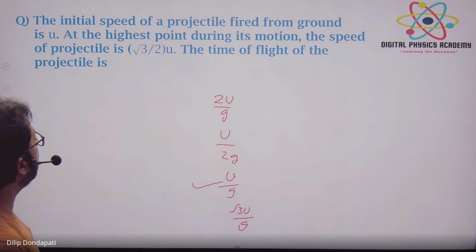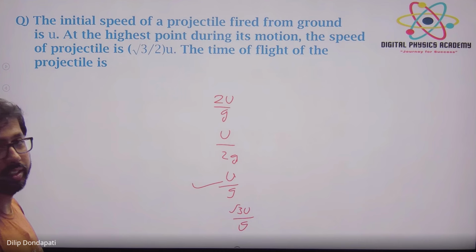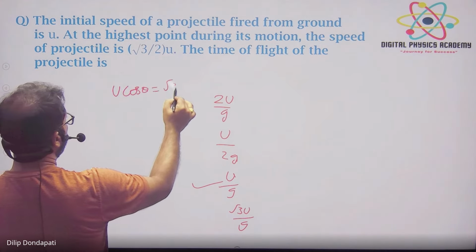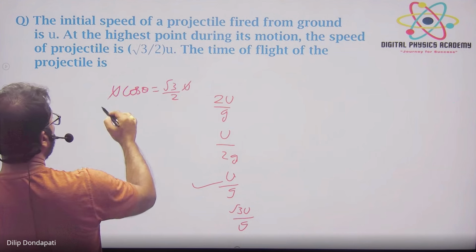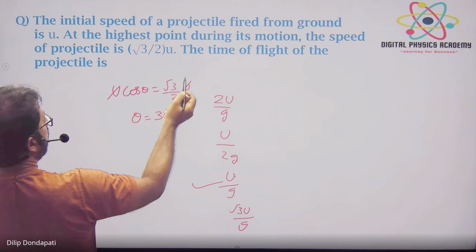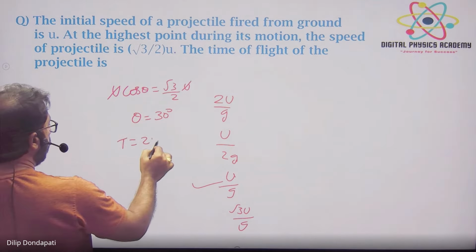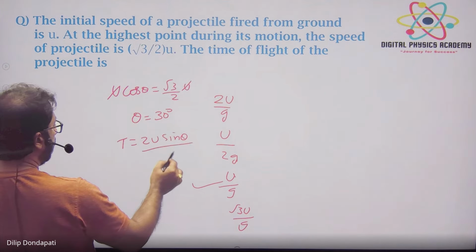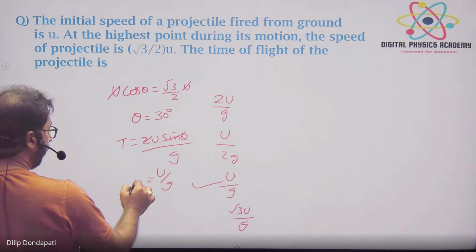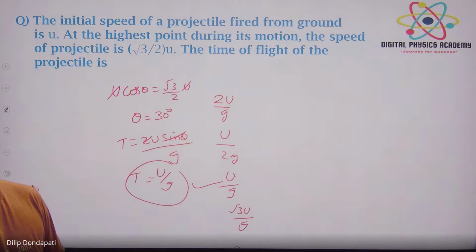Because u cos theta is equal to root 3 by 2 u, since at the highest point only the x direction velocity remains, right? So cancel u, cos theta is root 3 by 2, so theta is 30 degrees. Now time of flight is 2u sin theta by g, so the 1 by 2 and 2 cancel, and u by g is the answer. Understood? Yes, sir.